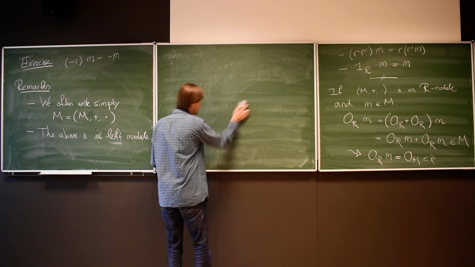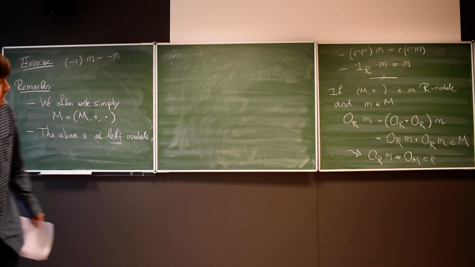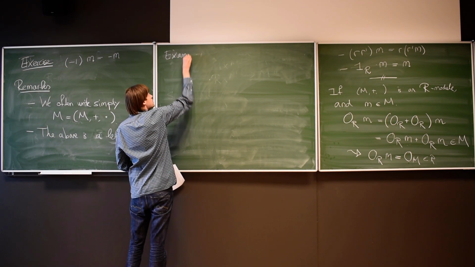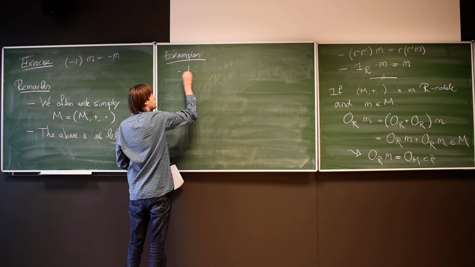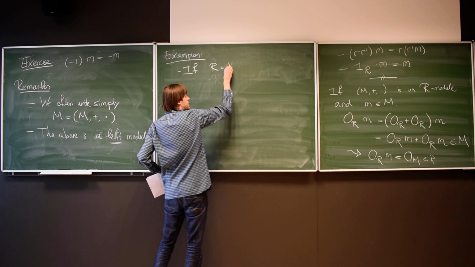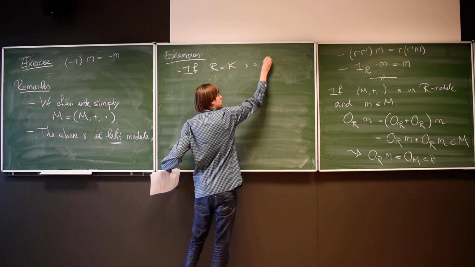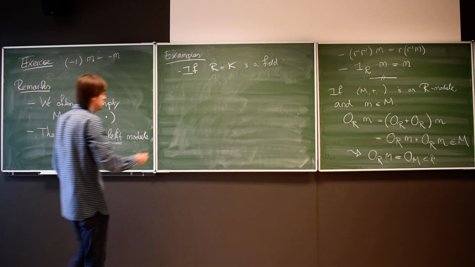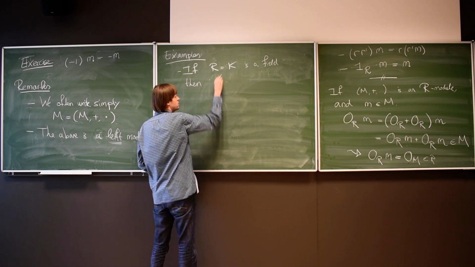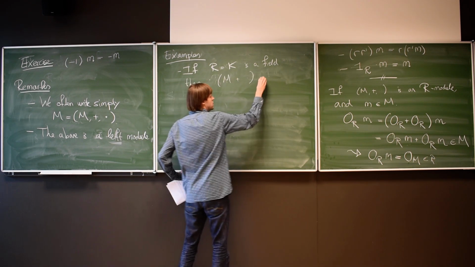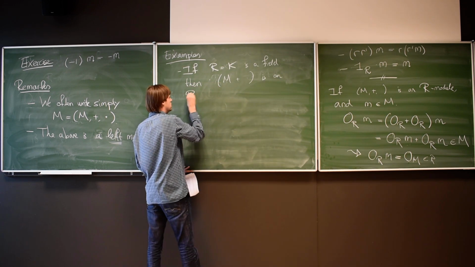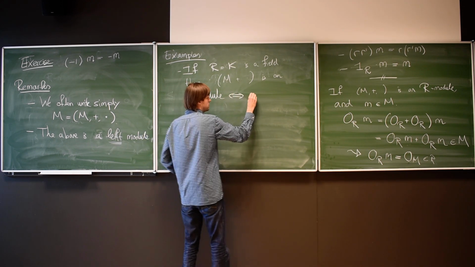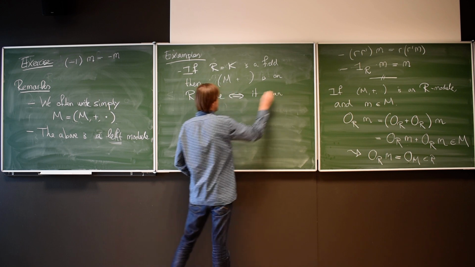So the first thing to note, of course, is: if R is K, a field, usually we denote fields by the letter K, then a triple M, plus, dot is an R module if and only if it is a K vector space.